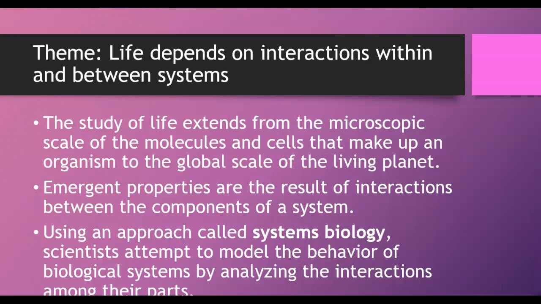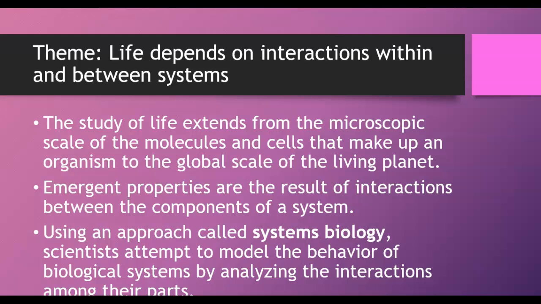The fifth theme is that life depends on interactions within and between systems. Okay, there have to be all kinds of interactions between them. Some of that has to do with the ecosystem. We're looking at life from microscopic organisms to the global scale of the living planet. Okay, and as you move from a less complex to a more complex component of the system, you have something called emergent properties.